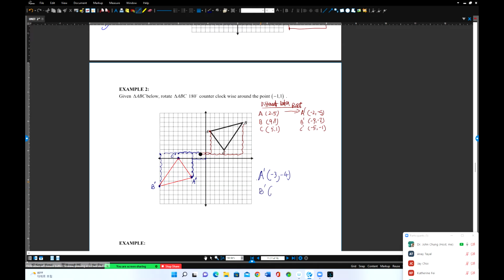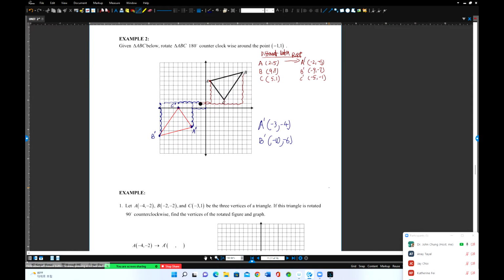B prime is negative 10, going down negative 6. That is the coordinate of point B prime. C prime is negative 6, but the y-coordinate is still 0. This is the coordinate of the image points. This time you just show the graph over here; you don't have to find it.